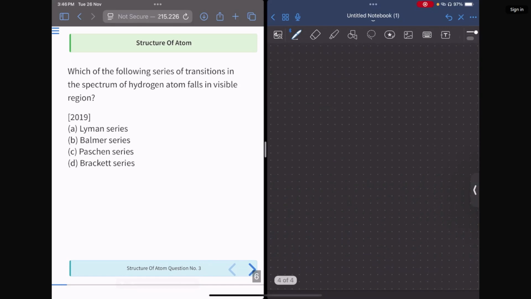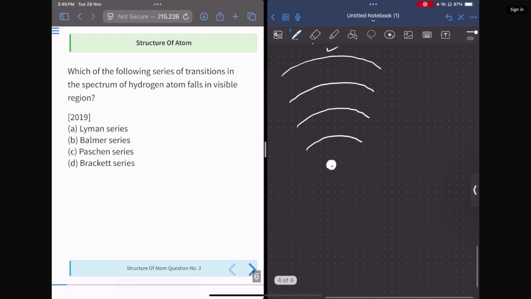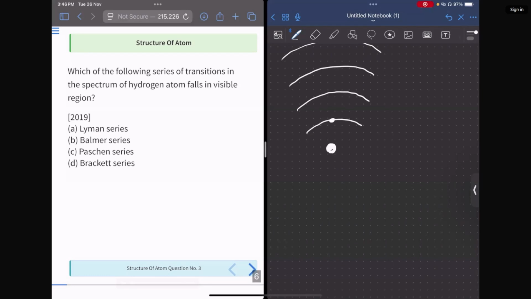Suppose this is the nucleus of a hydrogen atom. This is orbit number one, orbit number two, orbit number three, and four. If an electron jumps from the second orbit to the first orbit, this is called the Lyman series, and this falls in the ultraviolet region.